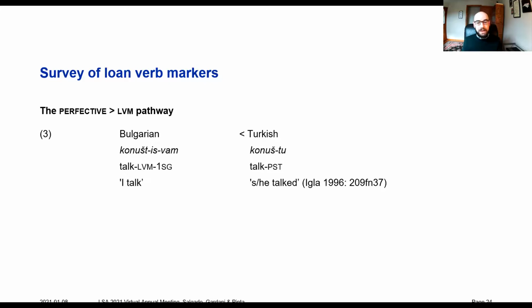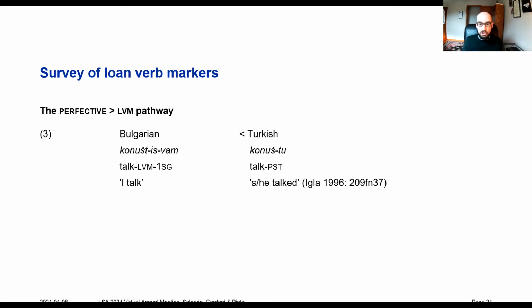Another pathway would be the perfective to loan verb marker pathway. So throughout the Balkan Sprachbund, there's this Greek perfective sa morpheme, which has been reanalyzed as is, and has become the kind of general integration suffix in many languages found in the Balkan Sprachbund.